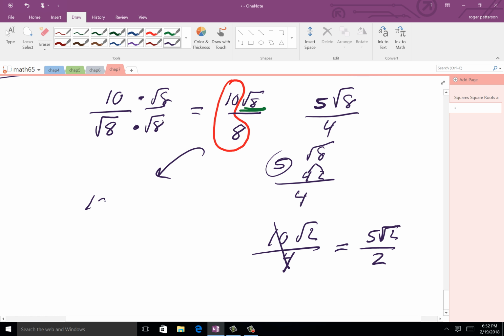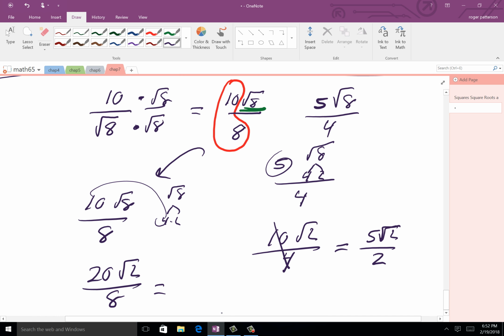I don't want to try to confuse you too much, because this could have been handled a couple different ways. We could have broke this down right here, took the square root of 4, that would have come out, multiplied with that 10, and then we would have got the same answer. All right, just a different path.